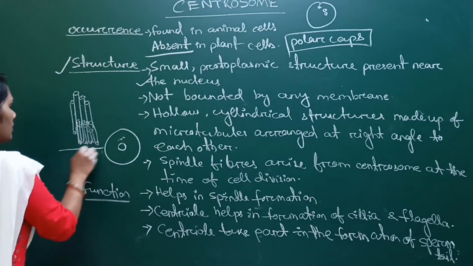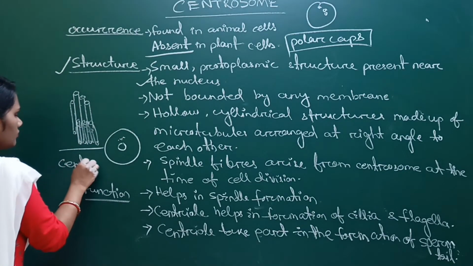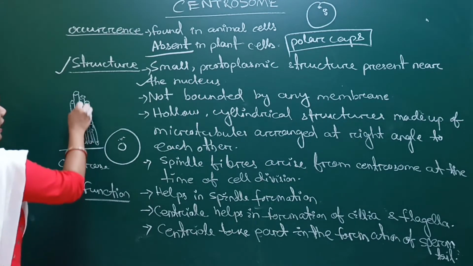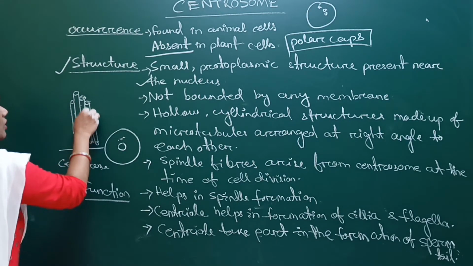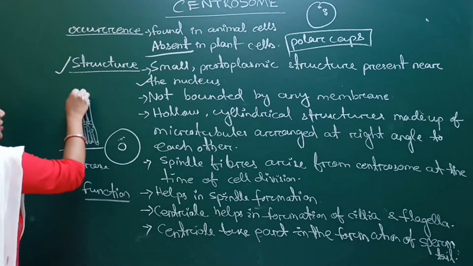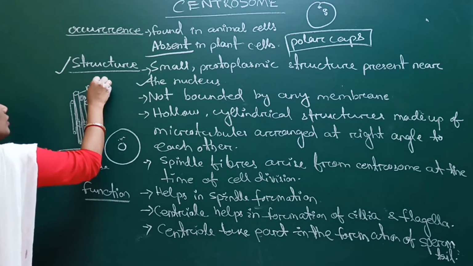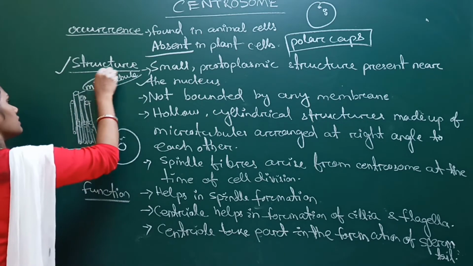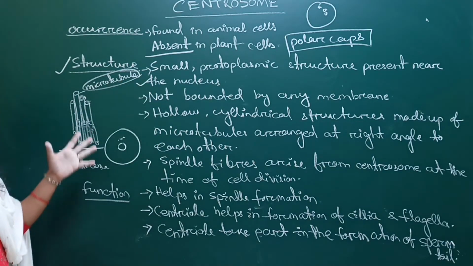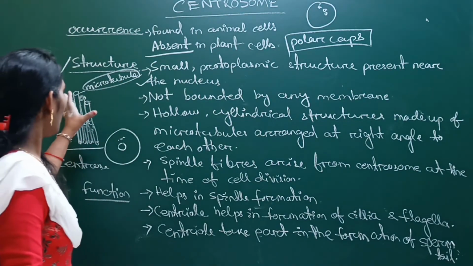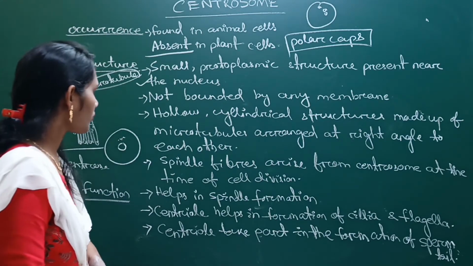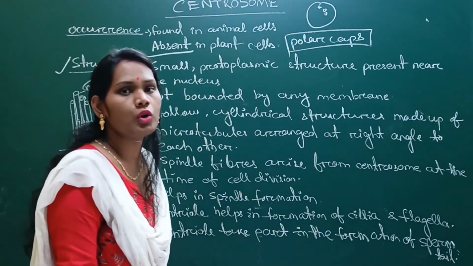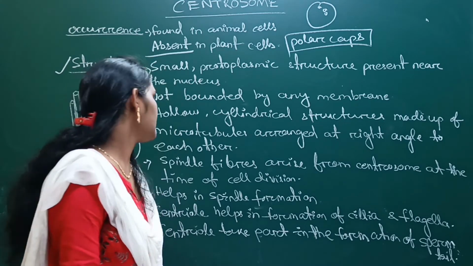These hollow cylindrical structures are called microtubules. Some microtubules get together, arranged at right angles with each other, forming a centrosome. And this centrosome divides into two centrioles at the time of cell division.